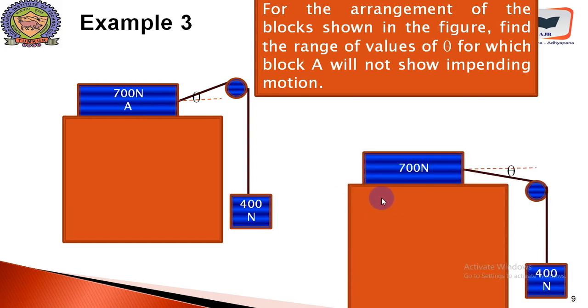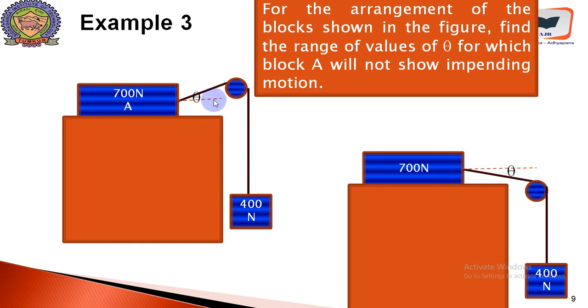It could have been arranged in this fashion also, right? Here the thread, or the wire, or the rope goes with an angle of depression. This is the angle of elevation, and this is the angle of depression, and the arrangement could have been like this also.